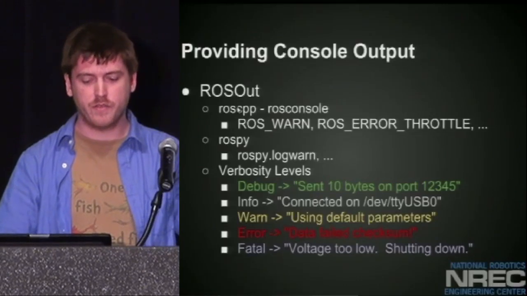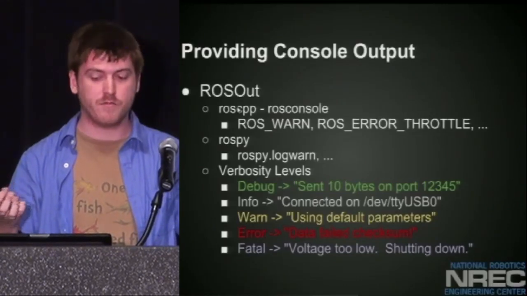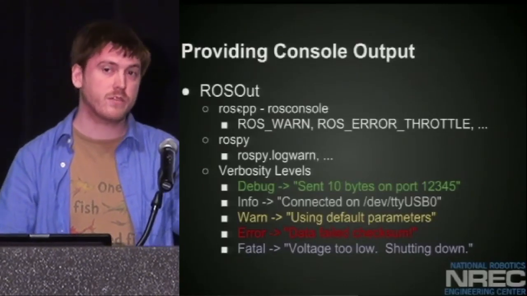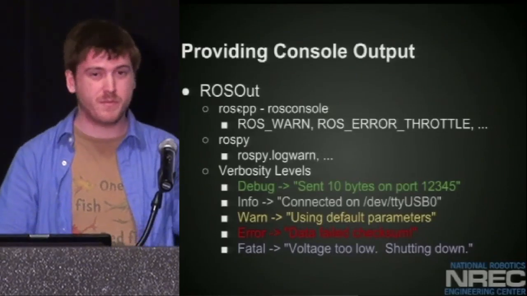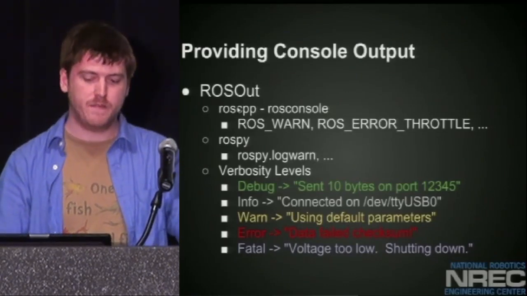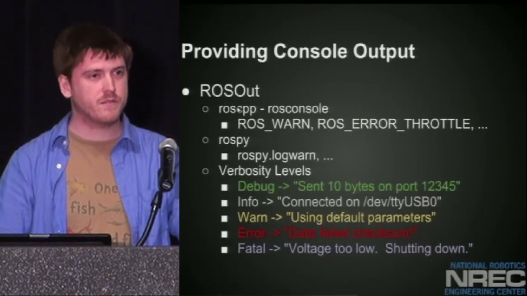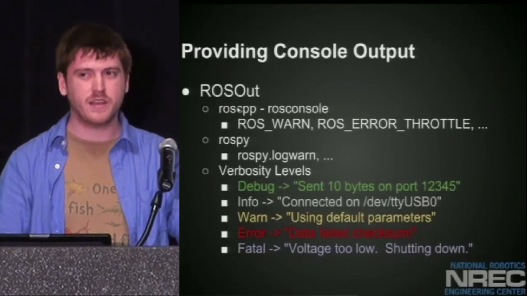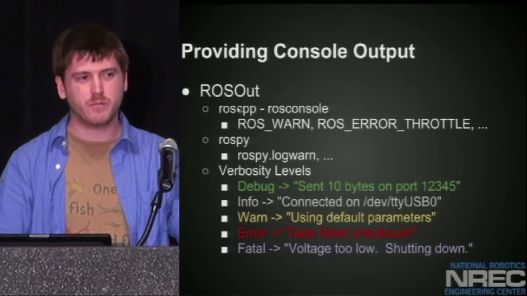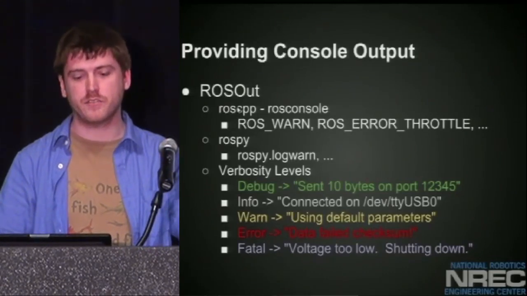And now the next three levels are all for when something's gone wrong. You can do a warning if something is out of spec, or if there's a configuration that you think is a little funny that your users probably wouldn't want to use, but you can actually continue running.